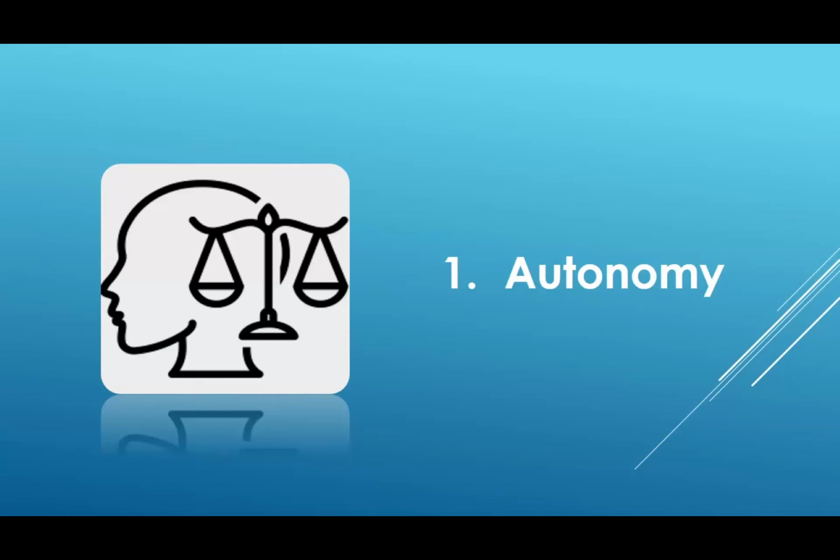When he is taking a decision, he must be aware of the consequences of his decision. And if he still wants this decision, you must guarantee his autonomy.